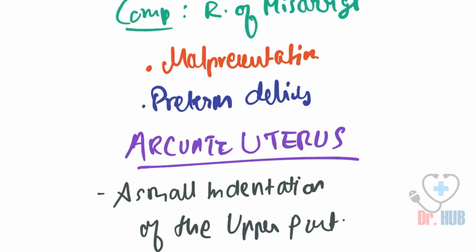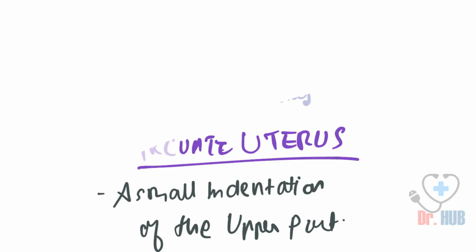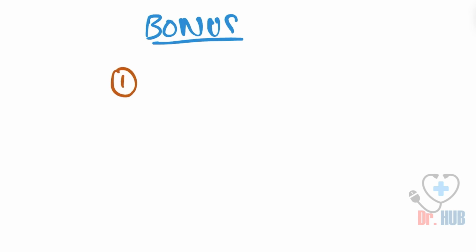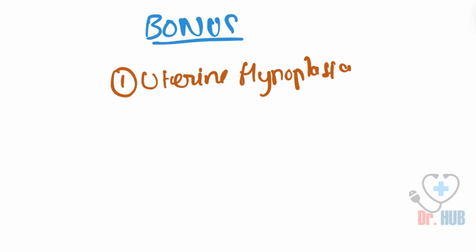Now we will look at some bonus questions, and these answers can be given in the comment section. The first question we would like to ask is, what is uterine hypoplasia or uterine agenesis?